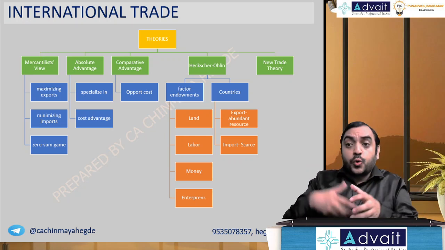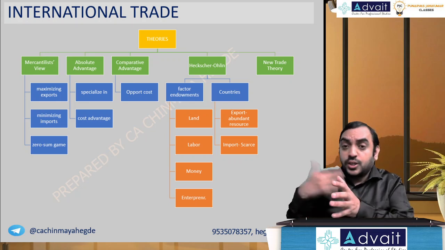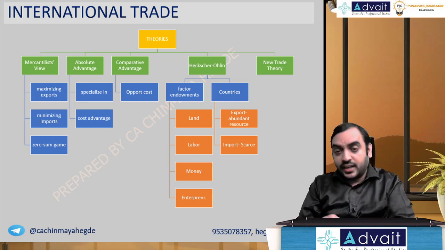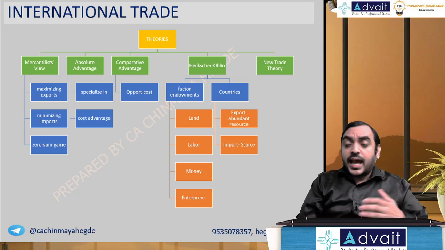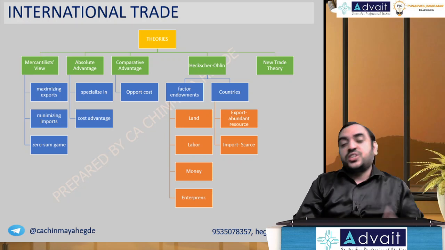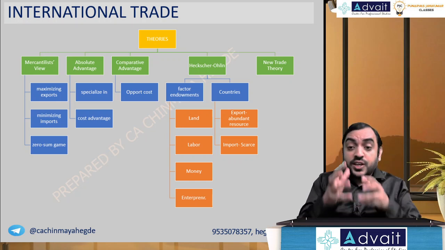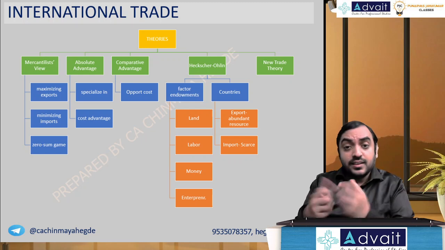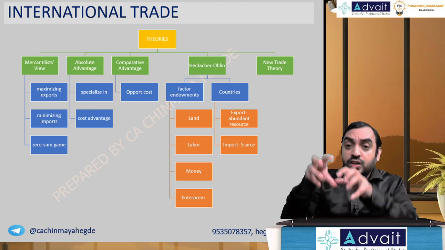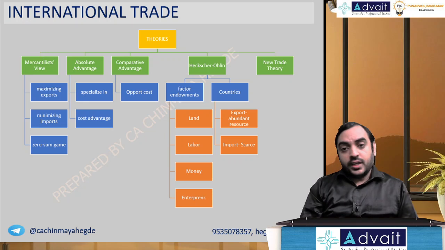So India focuses on goods which are labor oriented, whereas US, having more capital, will have more manufacturing units. That's what they say: where the factor endowment is higher, that country will focus on that surplus. That is factor endowment theory, Heckscher-Ohlin theory.